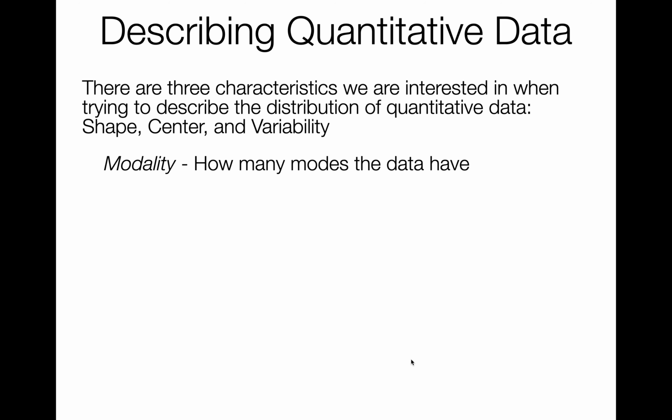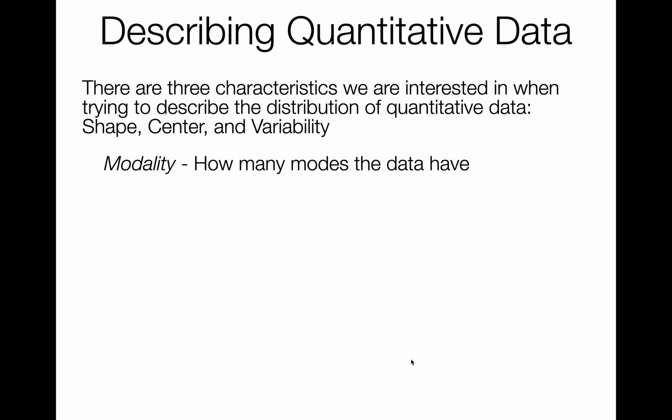We'll start off with shape, or rather something tangent to shape, and that is modality. That is how many modes the data has. As a refresher, the mode is the most common outcome in the variable.